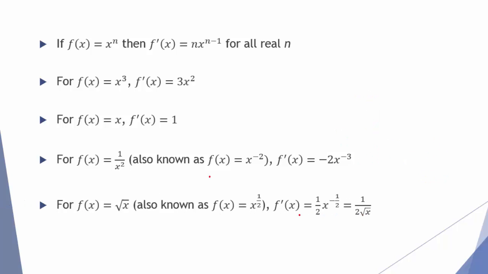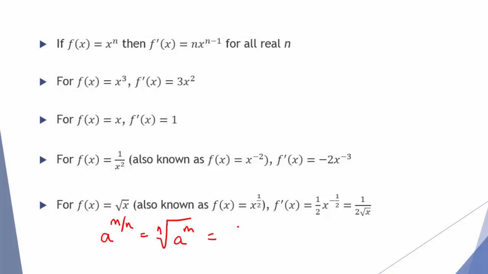For f of x equals the square root of x, again, we don't really know how to take a derivative of a function that involves a radical. So what we want to do is rewrite that radical in a way that's going to allow us to apply the power rule. What you have to keep in mind is this little rule right here. In general, when you have a raised to the m divided by n, so that's a fraction in your exponent, that is the same thing as the nth root of a raised to the m.